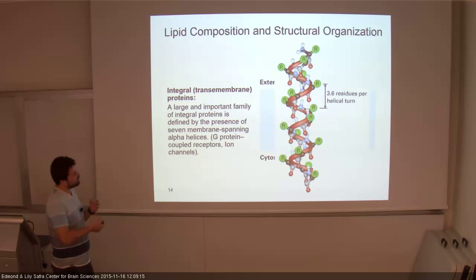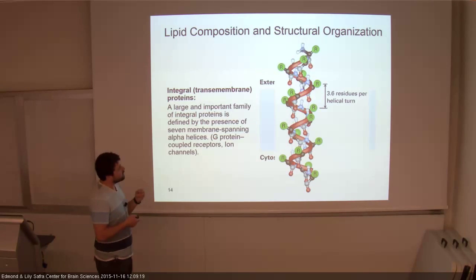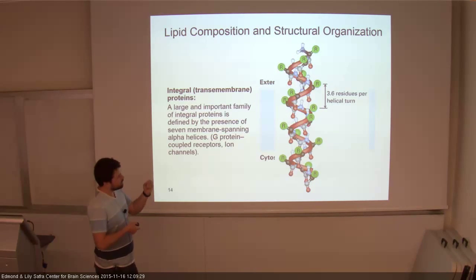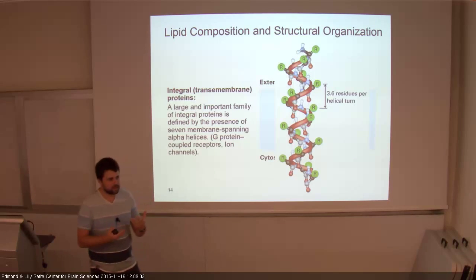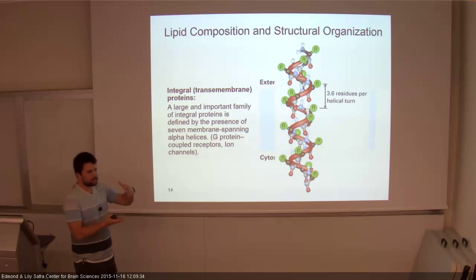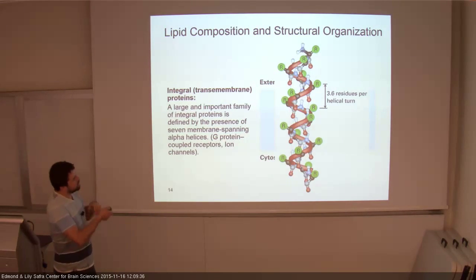When we talked about the alpha helix in general, one of the things that is unique about this helix is that in the backbone, and these are all the side chains like I told you before, but the backbone of the peptide, all the potential hydrogen bonds are actually occupied because of this structure.